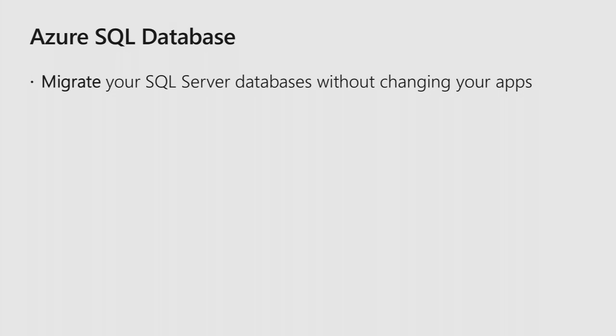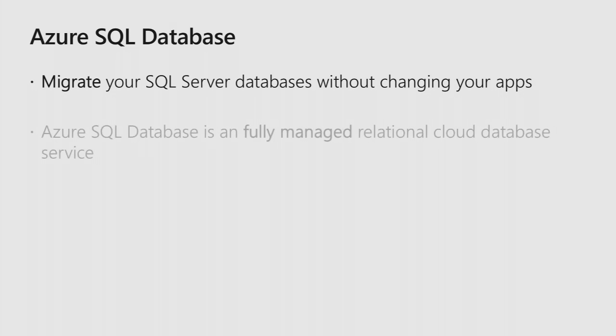Now, in Azure SQL Database, we still had a few incompatibilities, especially with old versions of SQL Server, but now we have a new offering which is called Azure SQL Database Managed Instance, which is extremely compatible. We are almost 100% compatible even with SQL Server 2005, and so basically migrating is super easy these days.